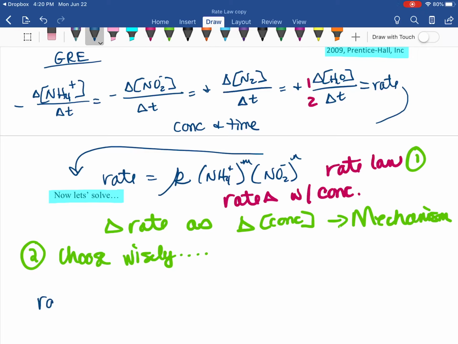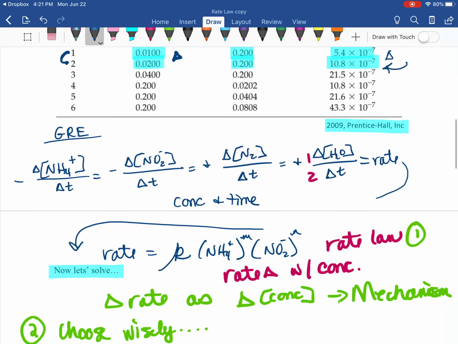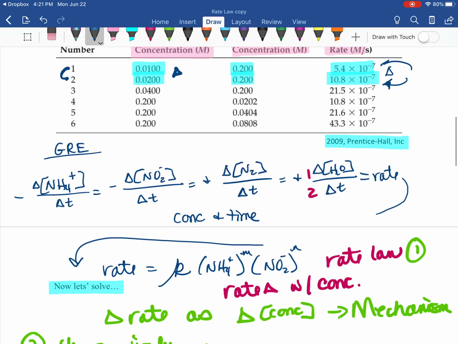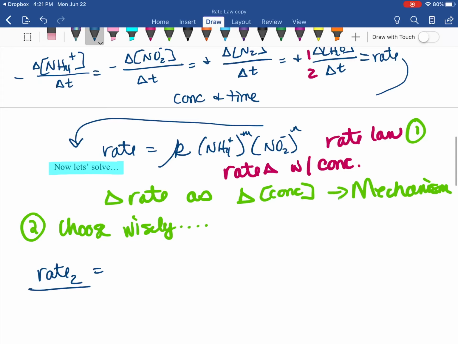We are going to compare that second experiment, that rate number 2, this one, and we are going to compare it to that first rate because we saw a change in our rate and a change in our concentration. So I like to set it up like this.